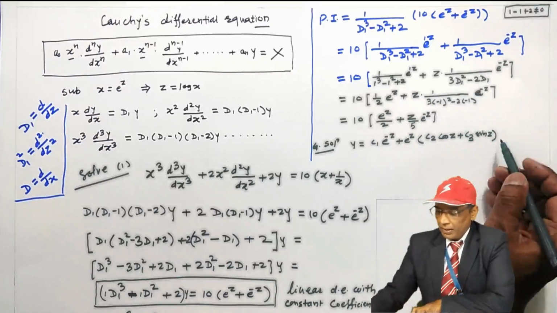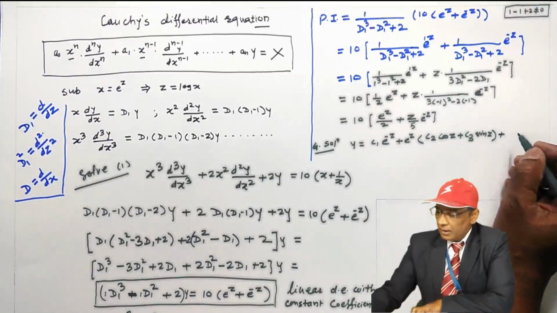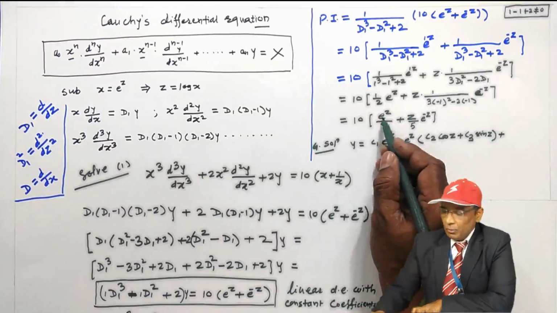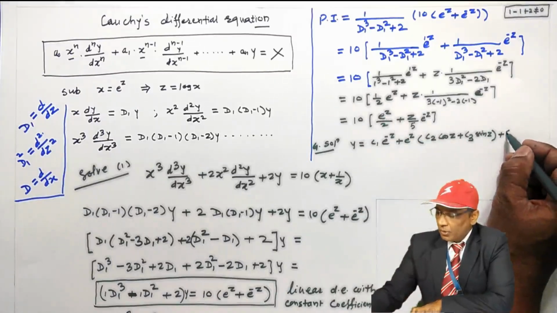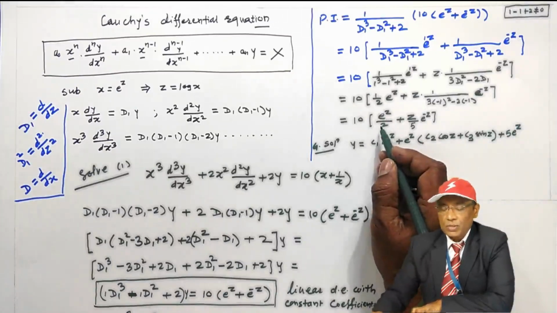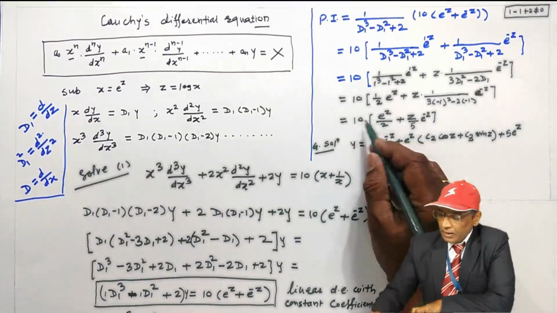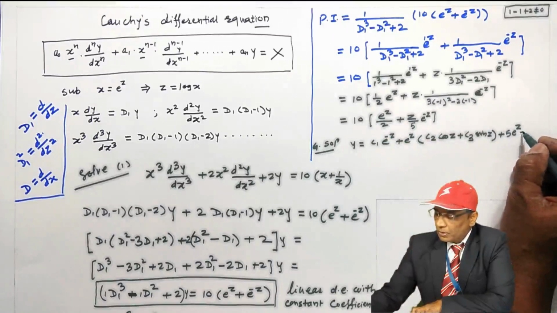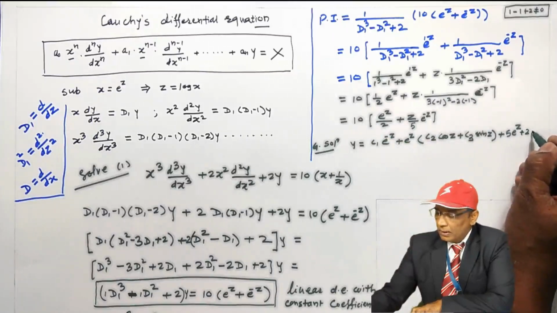This is the complementary function. The particular integral is e to the power z, directly writing, because 10 into 1 by 2 is 5 and 10 into 1 by 5 is 2, plus 2z e to the power minus z.